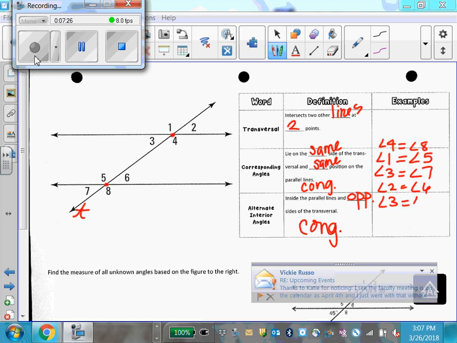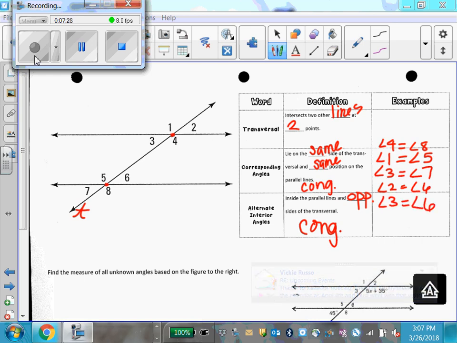Angle 3, angle 6: they are alternate interior. They're inside the parallel lines, and they're on alternate sides. 4 and 5 are also alternate interior. You guys try.